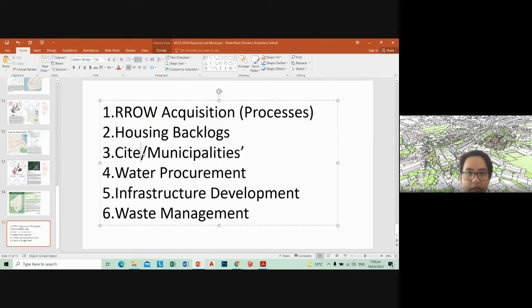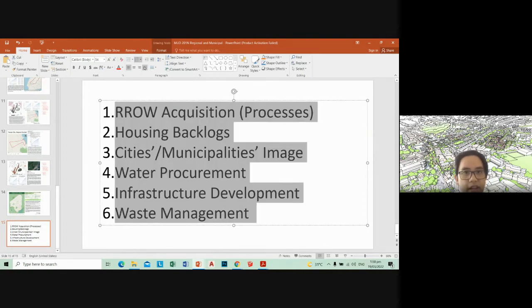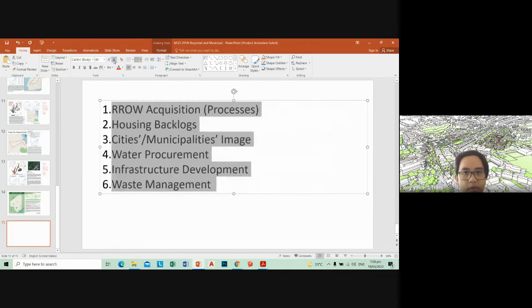Cities. Image. And then let's fit this into categories of urban design, as we discussed in the video.